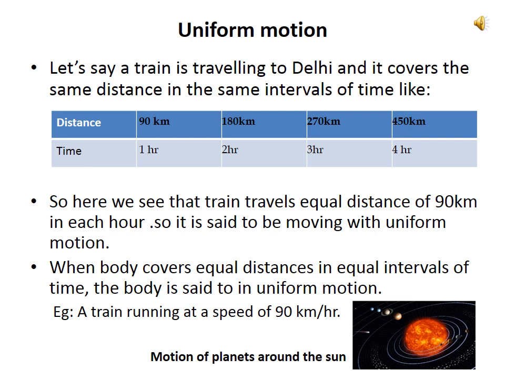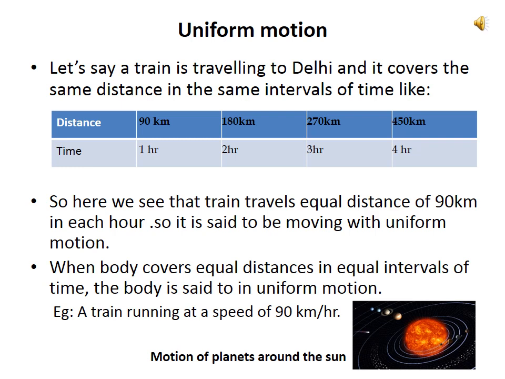Once again, the same object travels 25 kilometers in each of the four hours. In this case, the object traveled equal distances in equal intervals of time. So we can say it is in uniform motion.